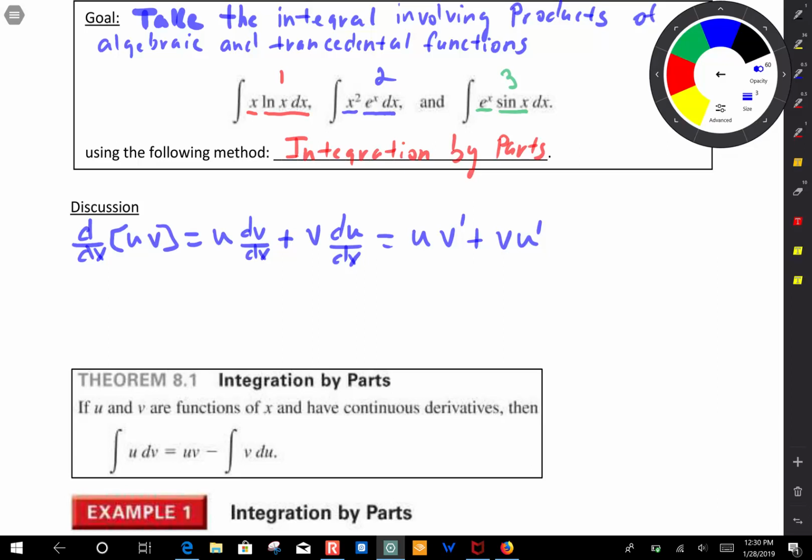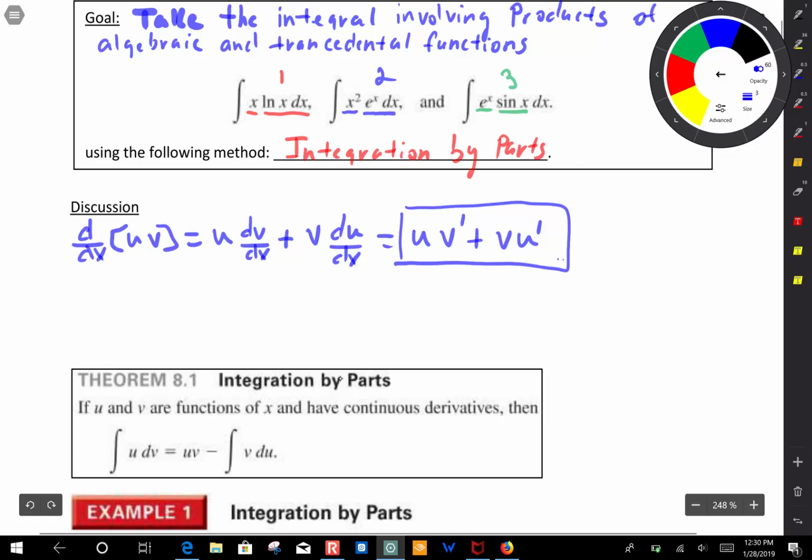So what I'm about to write, don't let it confuse you. If I want to take the integral of a product, I'm actually taking the integral of this, because this comes from two functions being multiplied. So if I want to undo it and take the integral, I'm taking the integral of the derivative of a product.